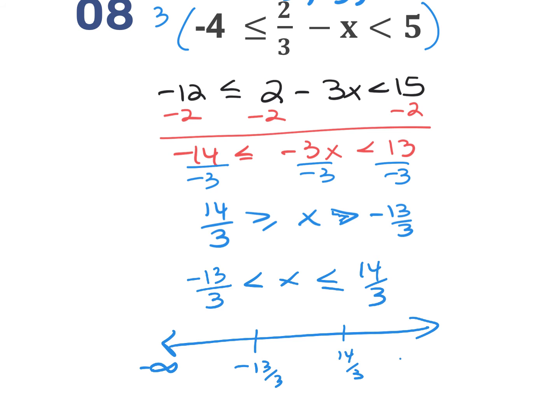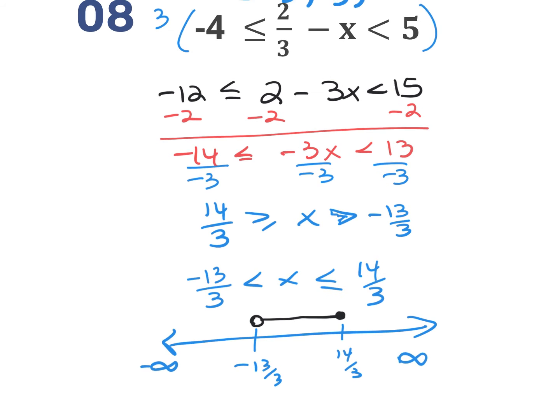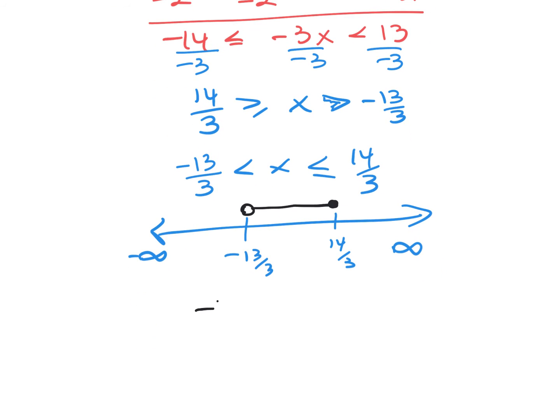Negative infinity, positive infinity. It's going to, again, be a segment joined in the middle. So this is open circle, closed circle, and then in interval notation, negative 13 over 3 with a parentheses, 14 over 3 with a bracket. And that is it for the inequalities.